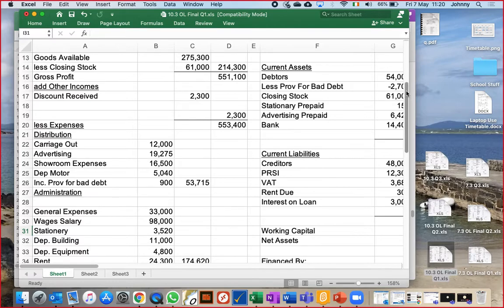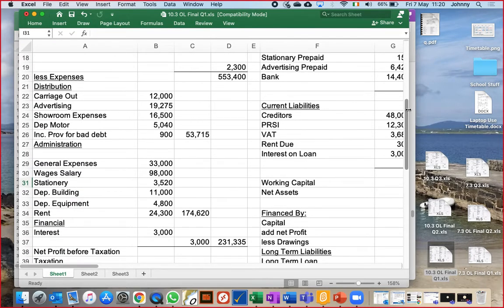So we'll look at the net profit now in a second, then we'll move on. Okay, Jamie, have you worked out your profit yet?